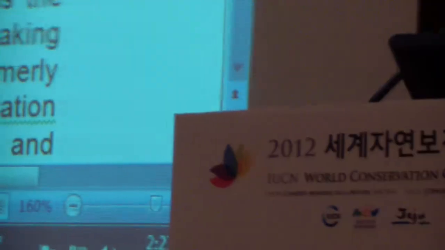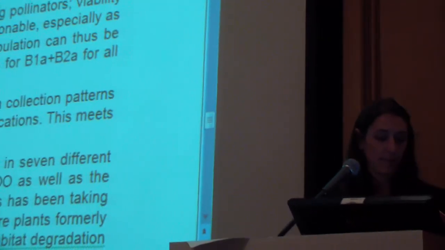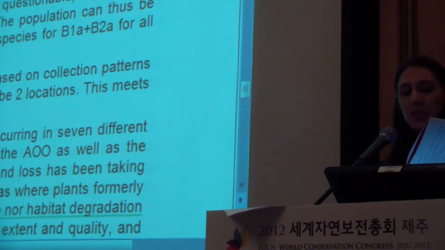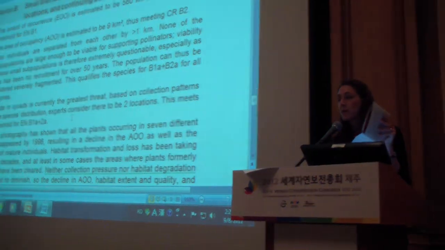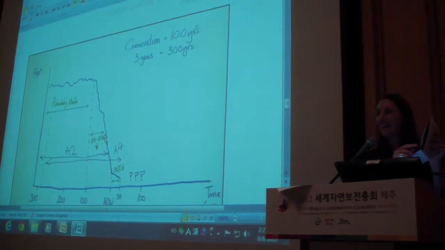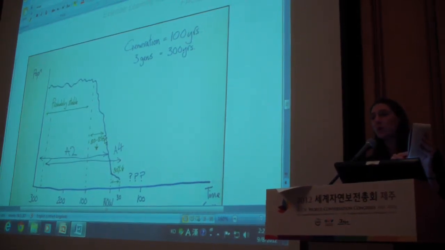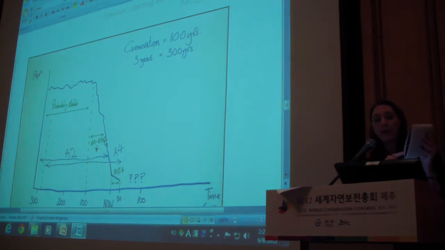So actually, there's something that I said that might have thrown some people off, so I just want to clarify. I mentioned in the summary sheet that if you meet some of the thresholds for a higher category of threat, say you meet B1 and B2 for critically endangered, but you don't meet all of the thresholds.